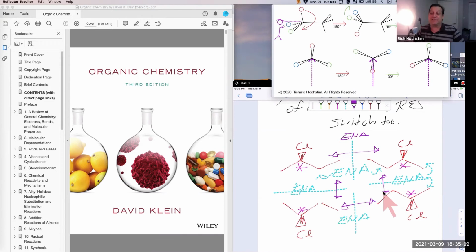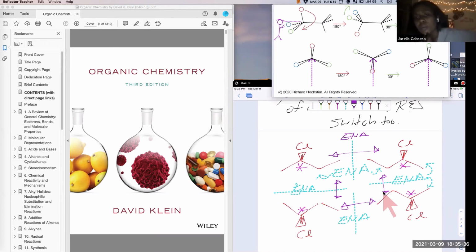You can't just say dash and wedge if the carbon skeleton shifts. If you move the carbon skeleton, you're also moving the dash to a wedge and the wedge to a dash. So if you're using wedges and dashes to figure things out, it's not going to work.